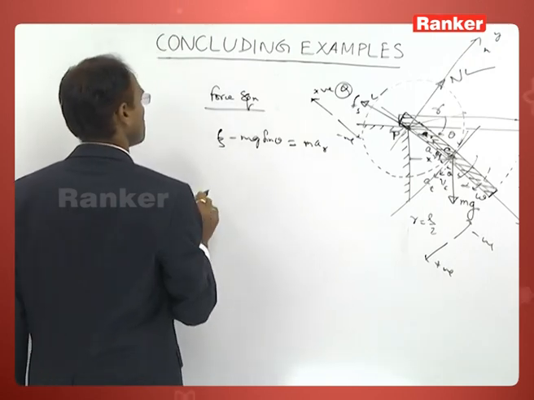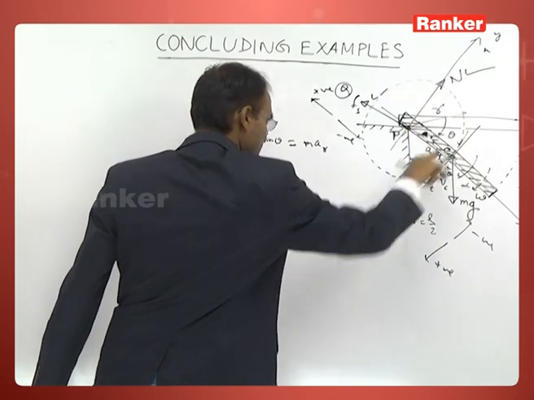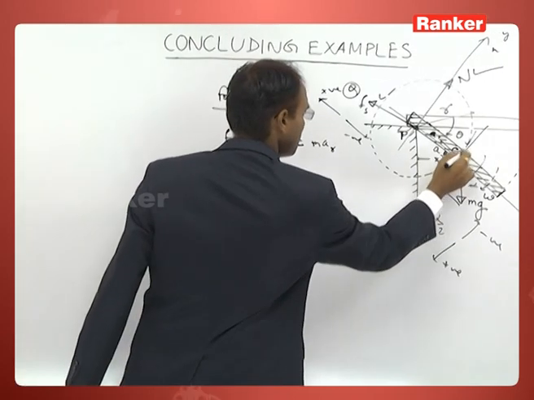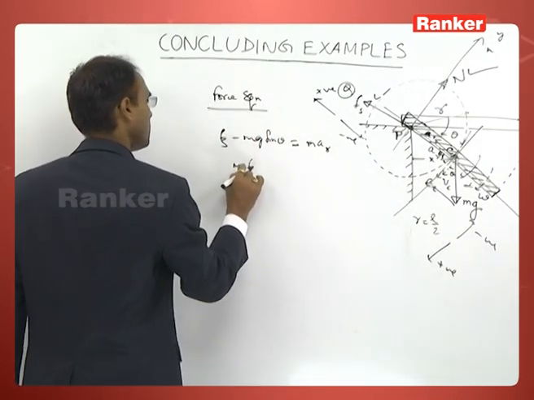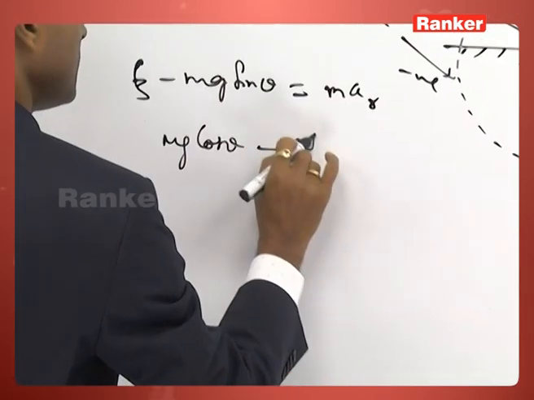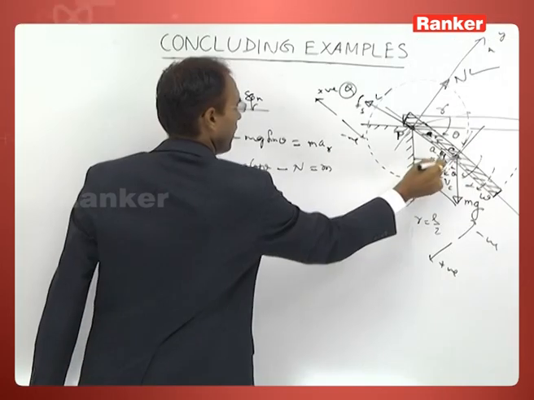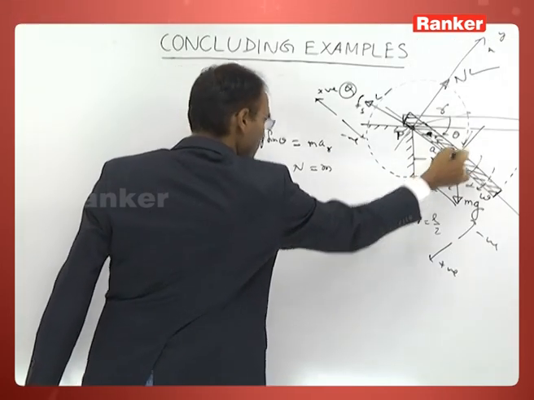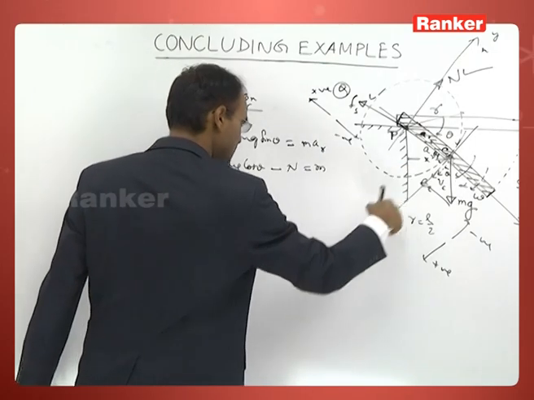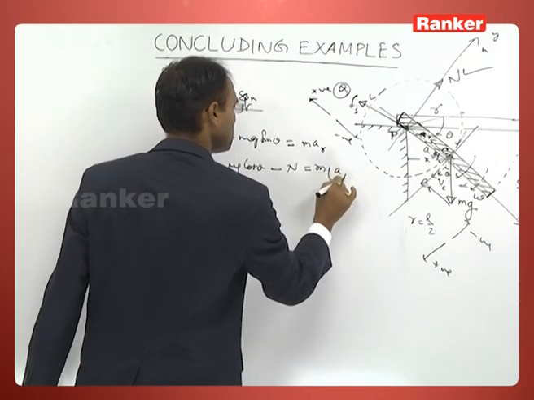Well, along this direction, the force component of mg is mg cos theta, is positive, and normal reaction is negative. And acceleration of the center of mass along this direction, we have taken at in this direction. This direction is called positive. We have assumed positive, therefore plus at.